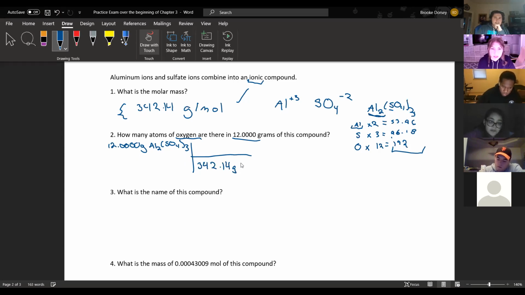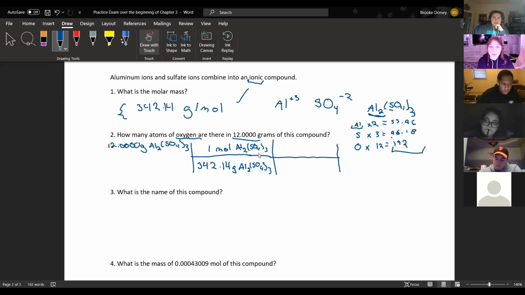342.14 grams. And I know I keep writing this, but I always find it easier to know what compound you're working with. And what are we going to go to? 1 mole. 1 mole, perfect. And then what do we got to put on the bottom of the next part? 12 moles of oxygen per 1 mole of aluminum sulfate.